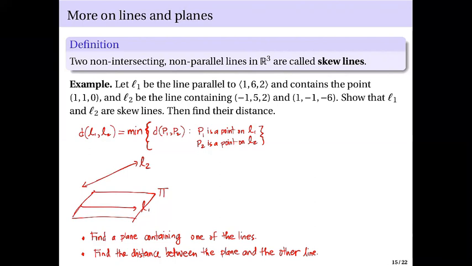So the question is, let me complete this statement here. Find the plane containing one of the lines and is parallel to the other line. Of course, there will be infinitely many planes containing this line L1 here.